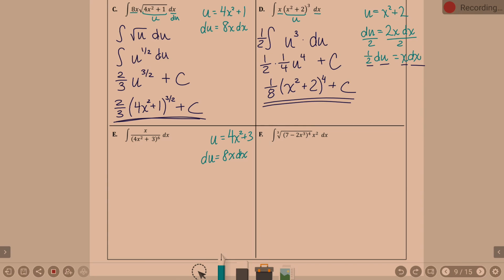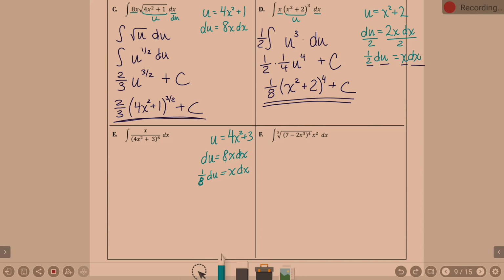Okay, now, let's see what matches up and what I need to do. In all honesty, you can kind of already see. Is the 8 going to match? Oh, no. That 8's not going to match, is it? So what am I going to rewrite this as? 1/8 du equals x dx.